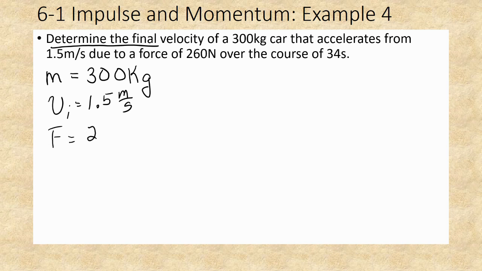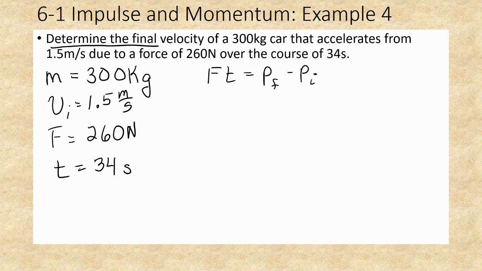The force is 260 newtons and the time is 34 seconds. Now for this one, we're going to have to use that combined equation of impulse, where force times time is equal to final momentum minus the initial momentum.